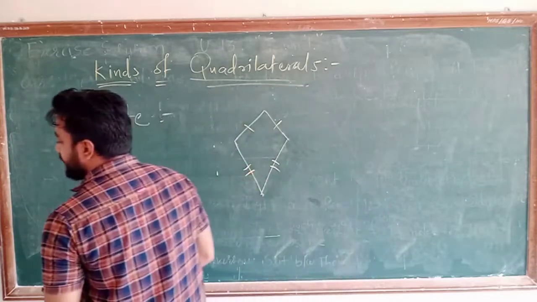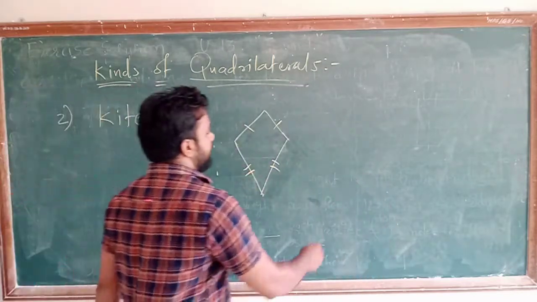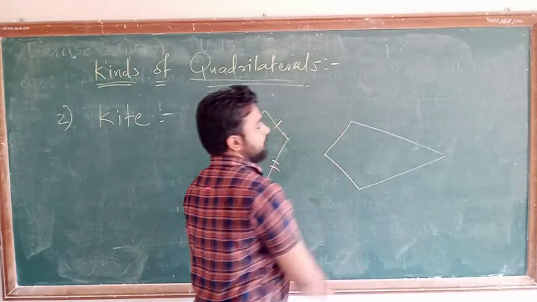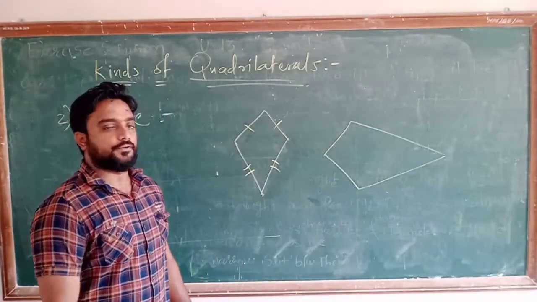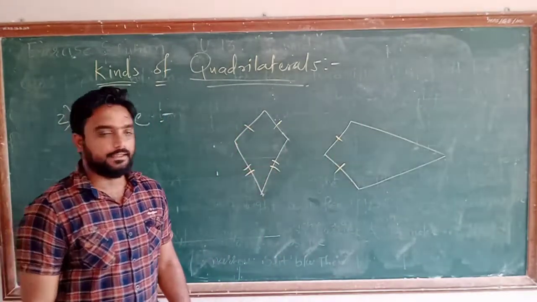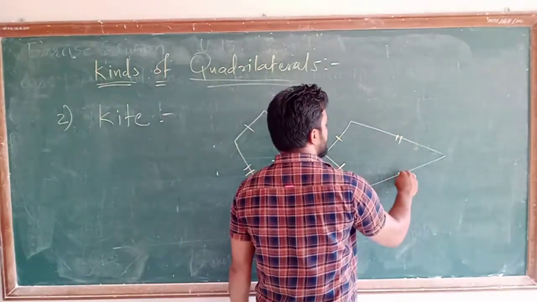If I am drawing another figure of a kite, majorly the figure of the kite is almost the same. Just see the figure: this side and this side are both equal in length, and these two sides are also equal in length.